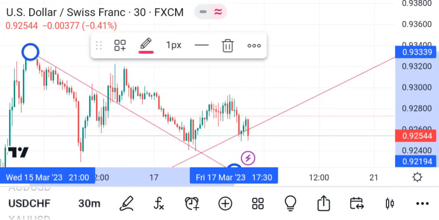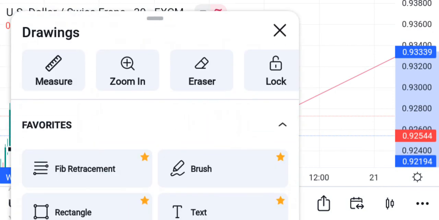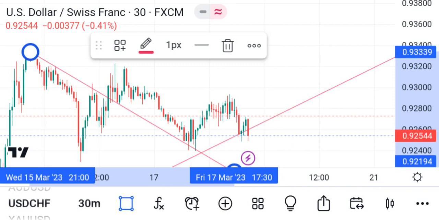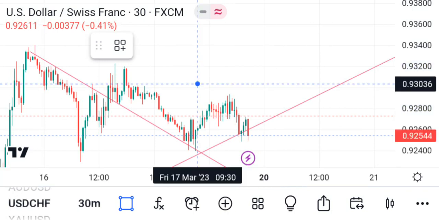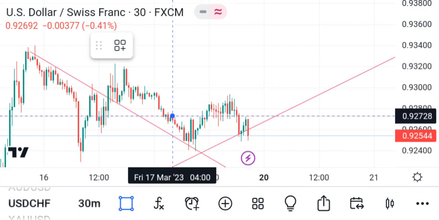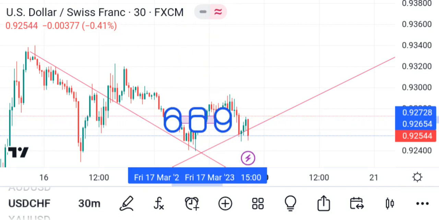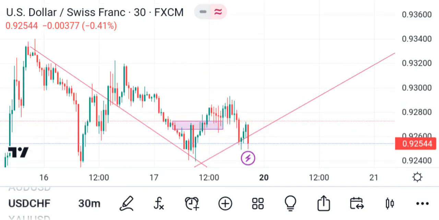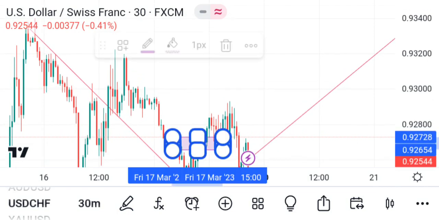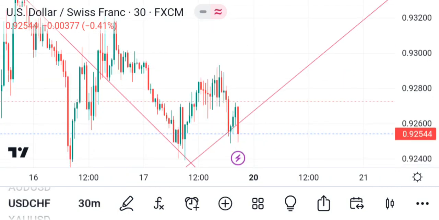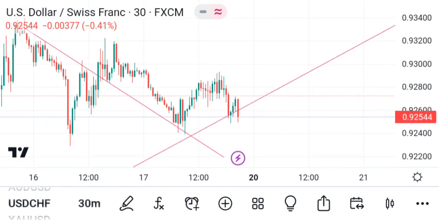As you can see here, structure was also broken here. There's been a breakout structure here. So what I'm expecting now is for this market to actually come here and give me a market structure change indicator.